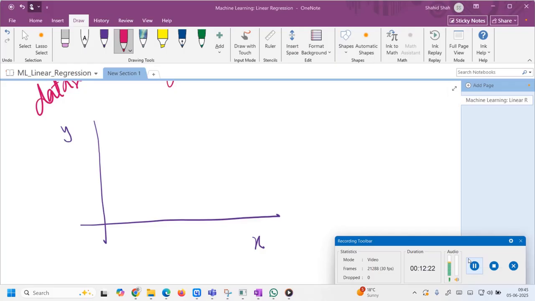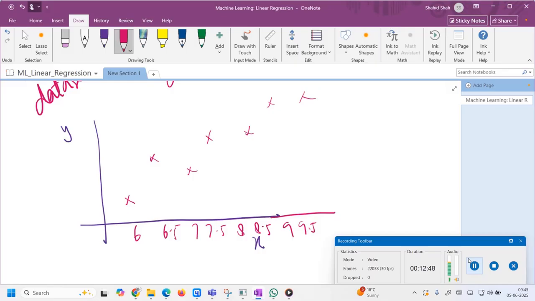Suppose we plot different data points, starting from 6, then 6.5, 7, 7.5, 8, 8.5, 9, 9.5, and so on. We expect some relationship, not exactly this, but let's say these are the values of the data points.